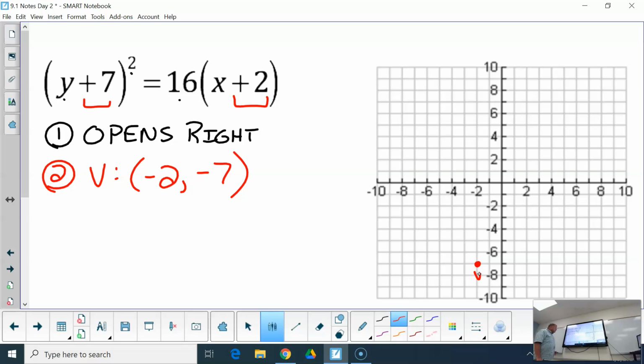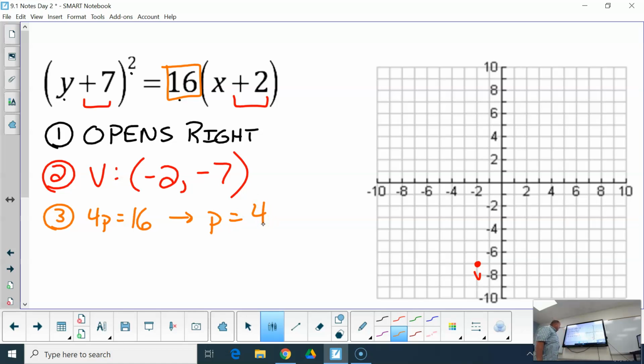Next thing I need to identify is what my p-value is. 4p is this number right here. So 4p is 16. That tells me that p then is 4.